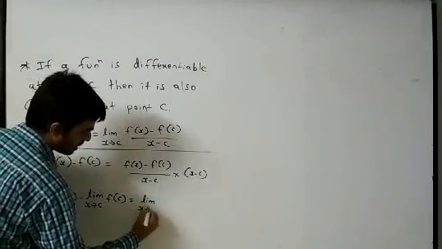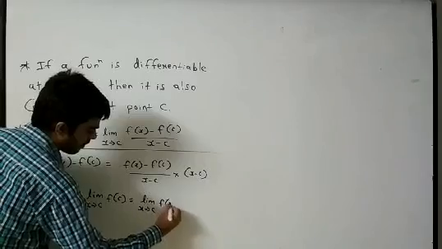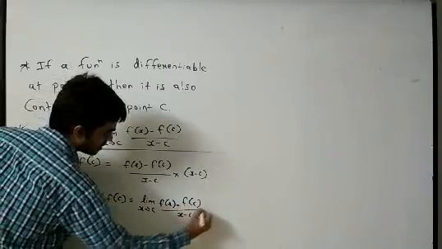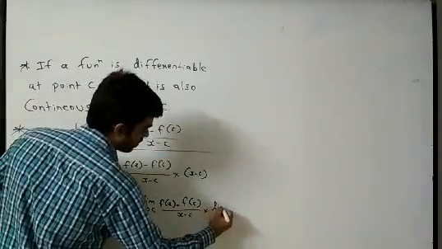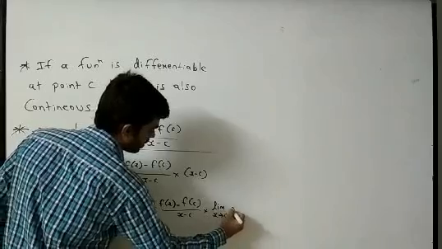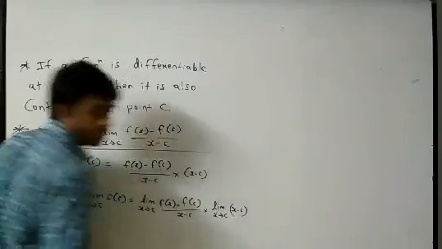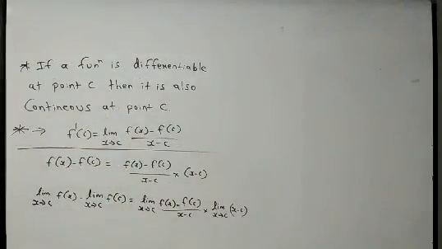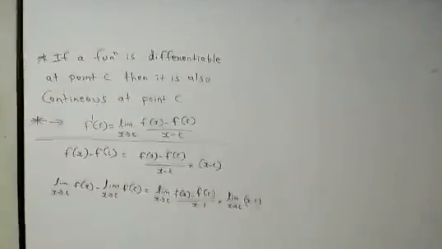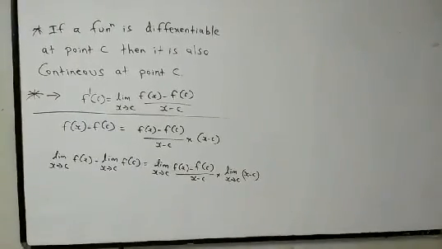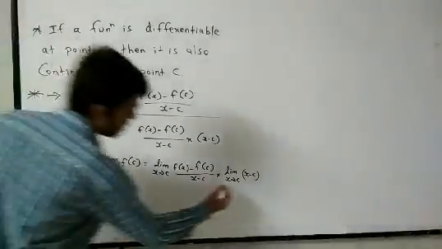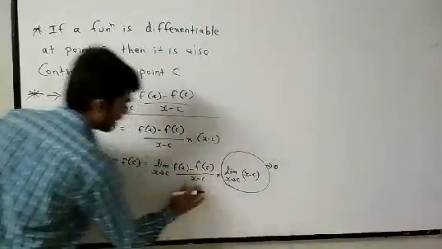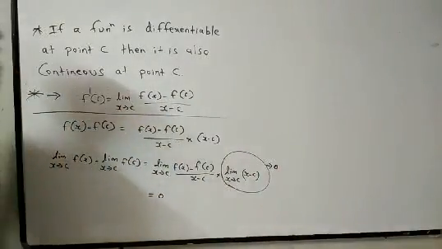Limit x tends to c, f of x minus f of c divided by x minus c, into limit x tends to c, x minus c. Now see, here x minus c is there, and if we put x is equal to c, this will be 0. 0 multiplied with anything, our answer will be 0.